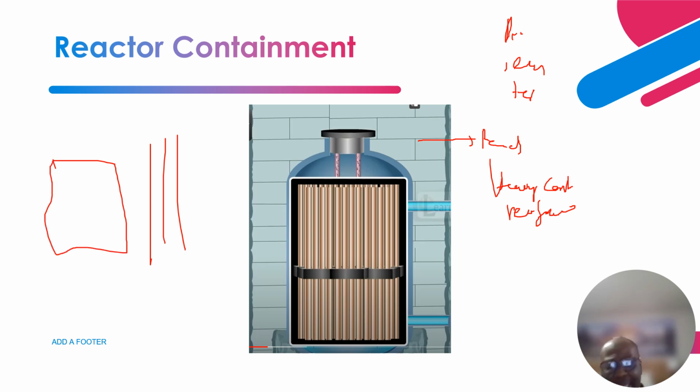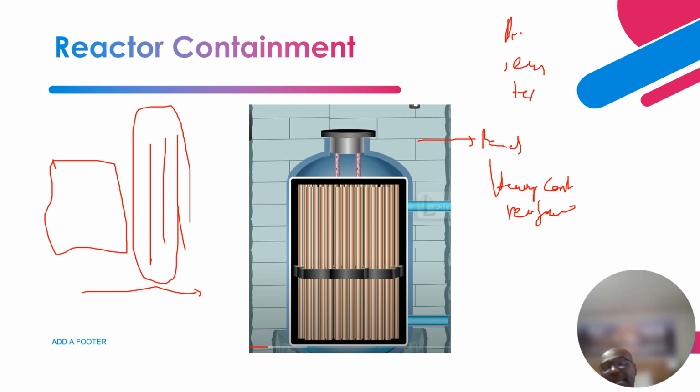So all these barriers are put in place to make sure that if there should be any fuel leak, it doesn't come outside. Because when you have a nuclear disaster, it's not good for the health of the inhabitants living in proximity to the nuclear power plant. As such, all these barriers are put into place, right? The primary, the secondary, and the tertiary.